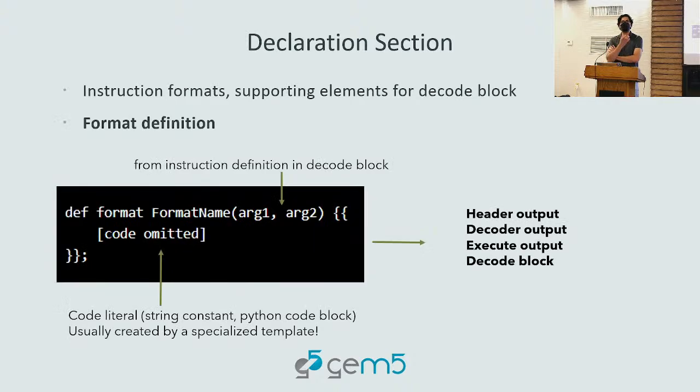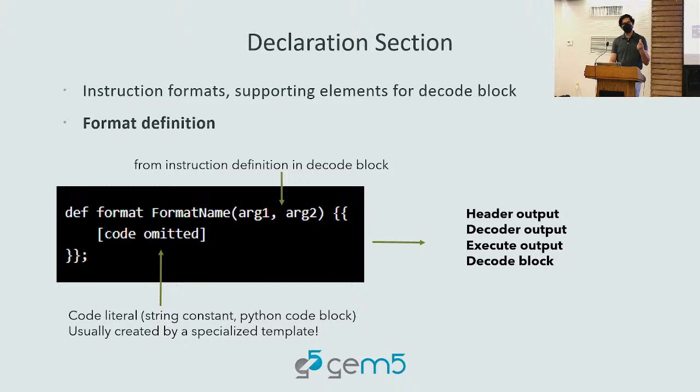So what do format blocks look like? Format blocks basically define how a class of instructions needs to be decoded and interpreted. Not interpreting in terms of a language, but more about understanding what exactly this thing means. Format blocks really look like Python function calls, and they expect some arguments.